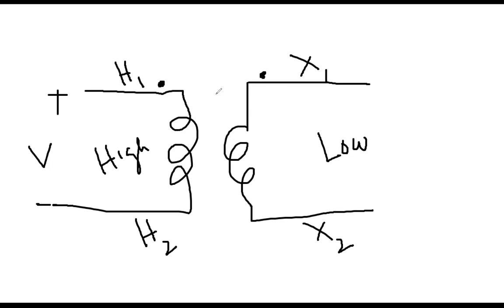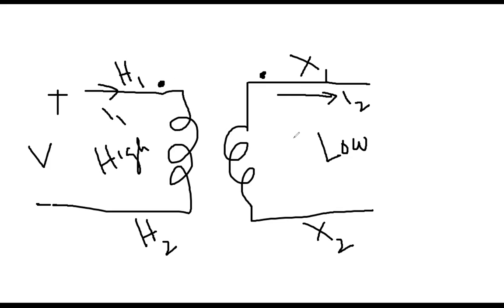Those dots are used to indicate the current flow. For example, this dot means current is entering at this coil. This dot means current is leaving on the secondary coil. Like this is I1 and this is I2. So the dot means that current is entering at this terminal, and this dot means current is leaving this terminal.